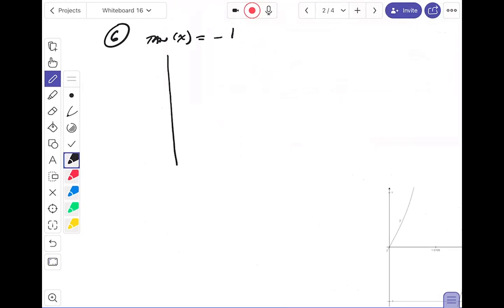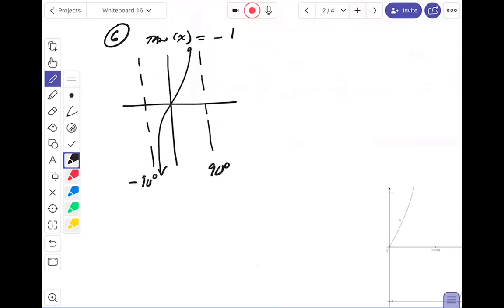So what would I do is just draw a picture of one cycle of the tangent. And it looks sort of like this over here. All right. This is -90 degrees and 90 degrees. And then I'm going to say the ratio of -1 will be over here somewhere. And this would be y equals -1. All right. Does it intersect?